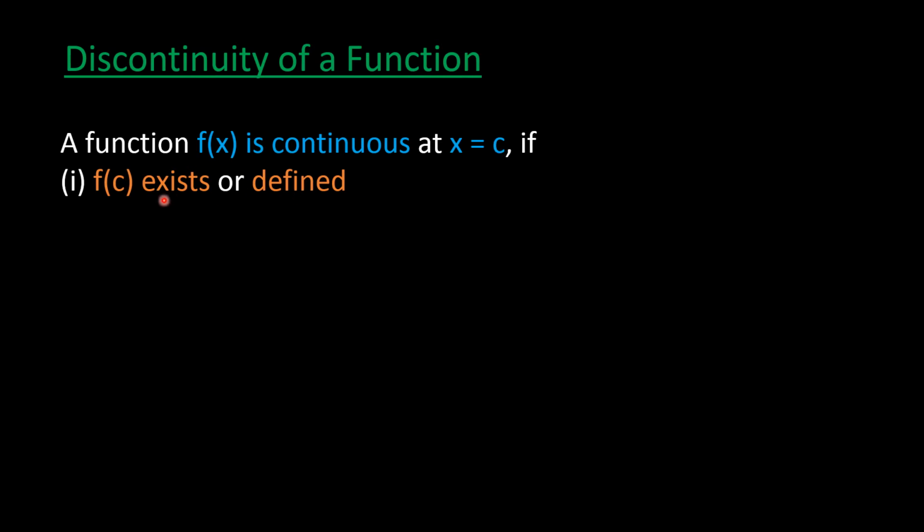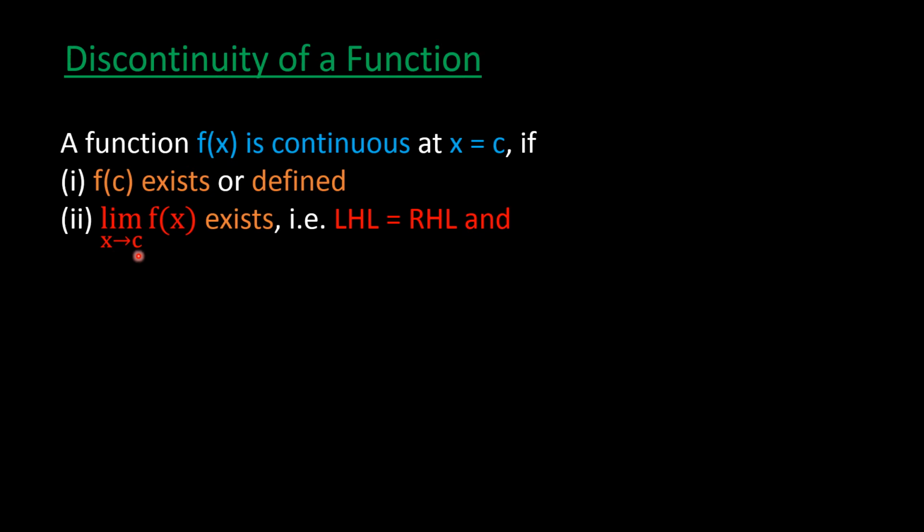Number 2, the limit of the function as x approaches c exists, that is, the left hand limit as x approaches c minus is equal to the right hand limit as x approaches c plus.